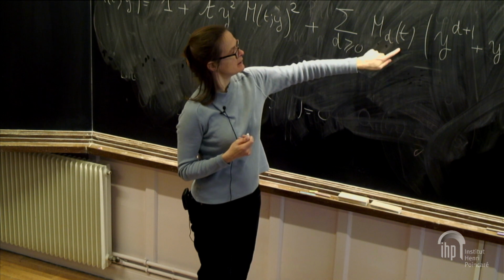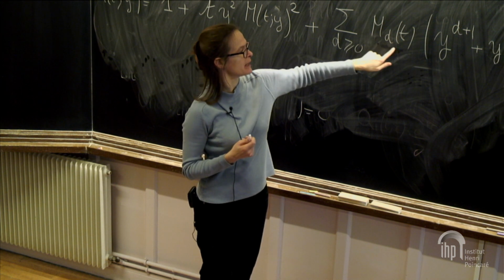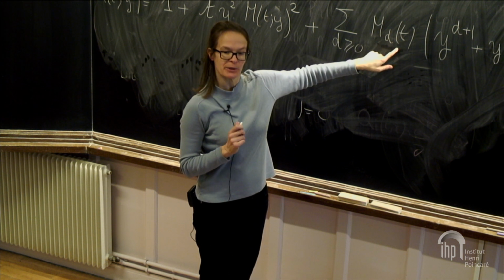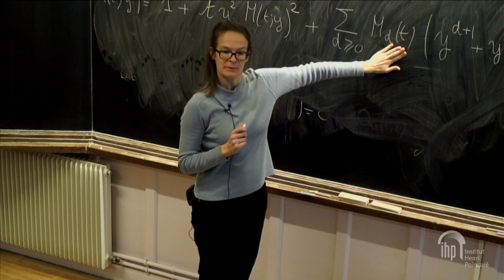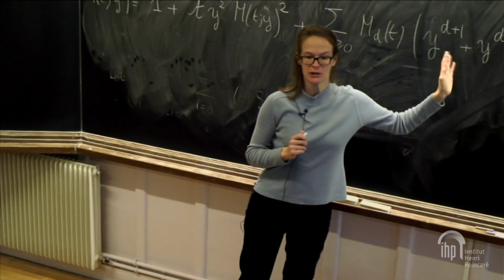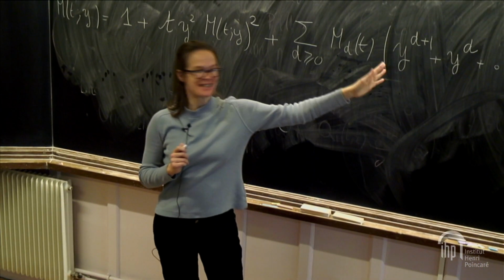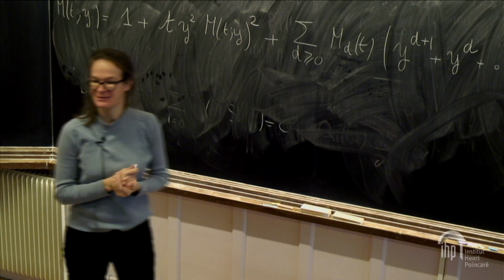Here, this is just counting those maps M prime by the edge number. At the moment, I have no y. So all the y information is encapsulated here. Okay?